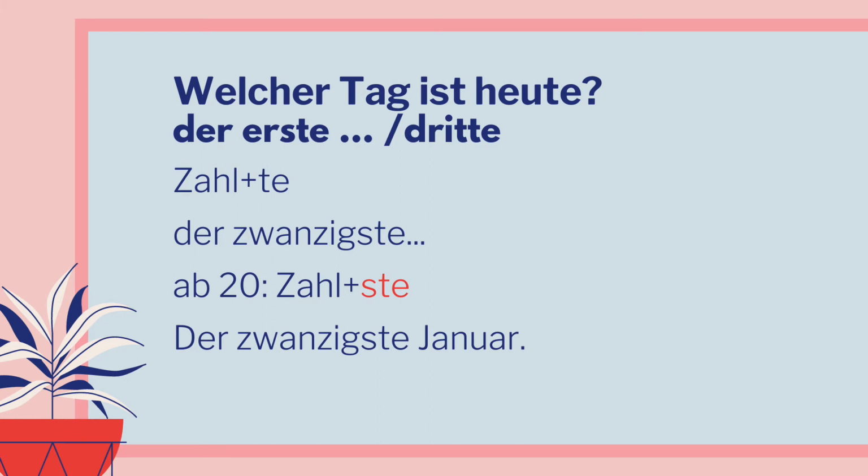So from 1 to 19, you can say the number adding t: erste, zweite, dritte, vierte, fünfte, yeah? And when it's 20, you say der 20. And when it's 21, you can say der 21. Yeah.